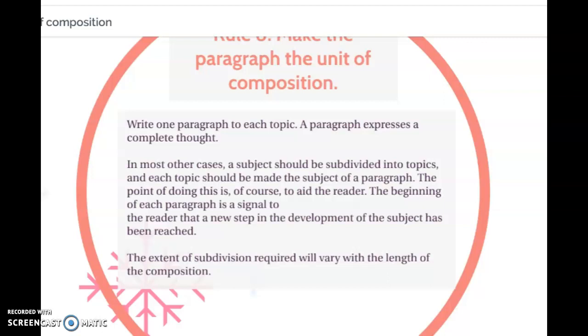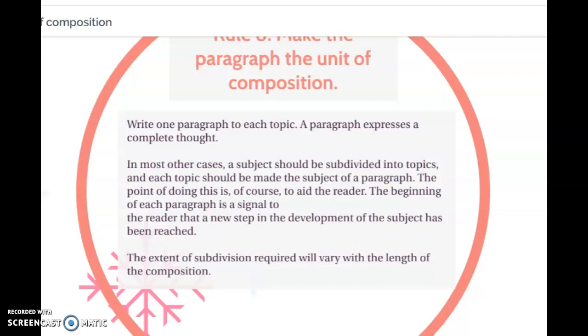In most cases, a subject is going to be subdivided into different topics, and each topic is going to be the subject of one paragraph. When you do this, you are helping the reader understand the development of your ideas. So I'm going to develop my thesis statement in regards to points 1, 2, 3, and 4 or 5.